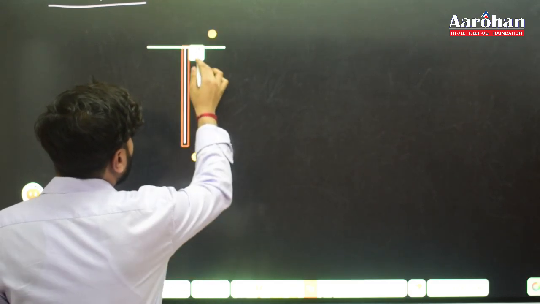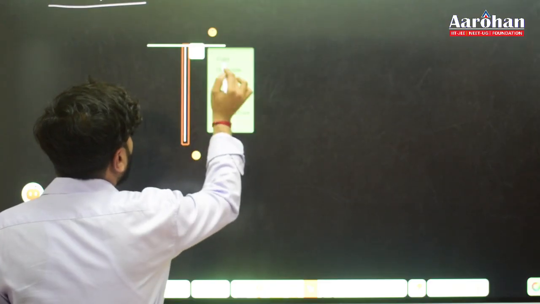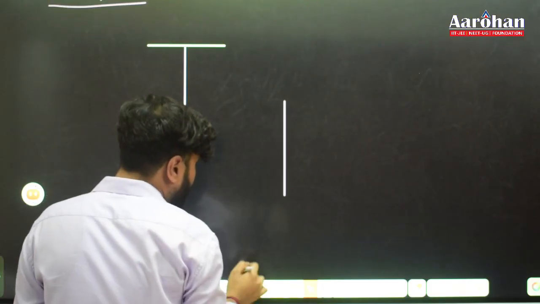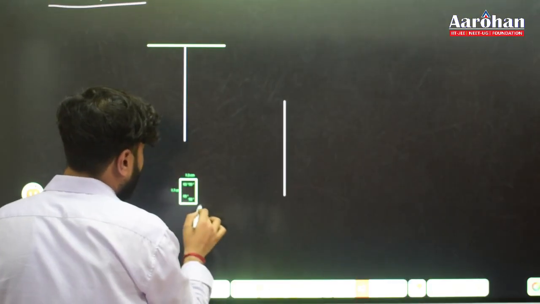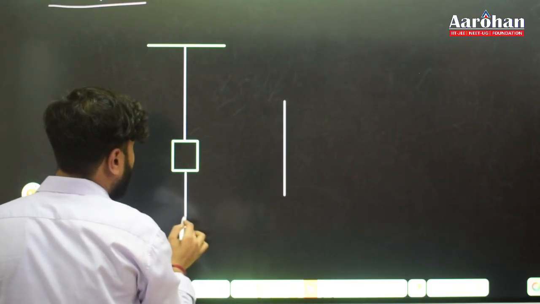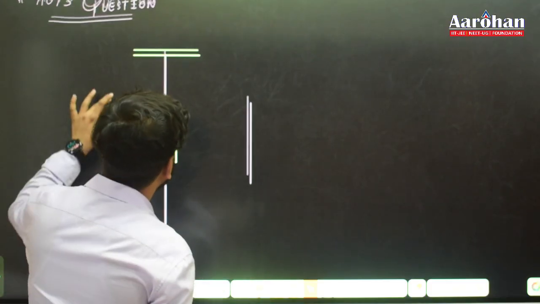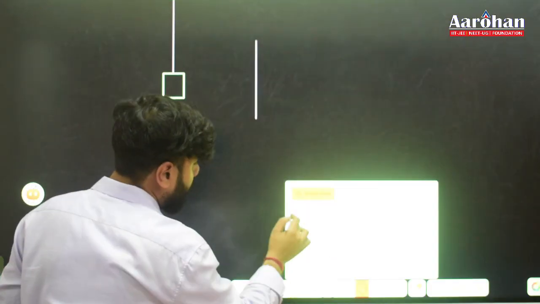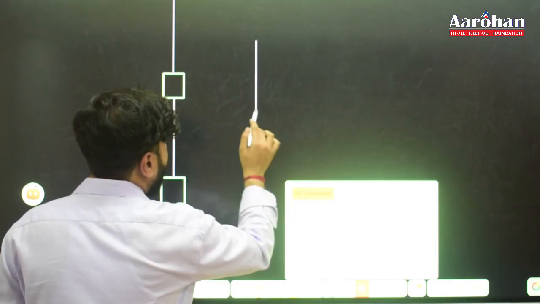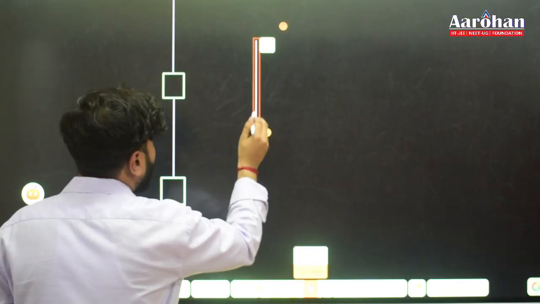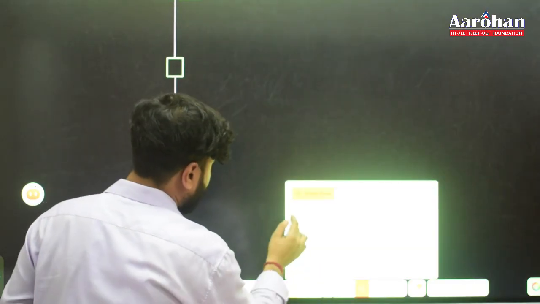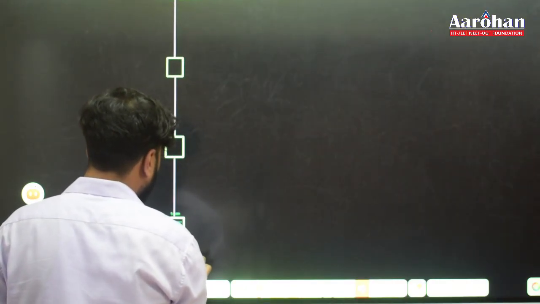So here is a string, and one mass is attached to the string, and we can have another mass also attached to the string, and lastly one more.